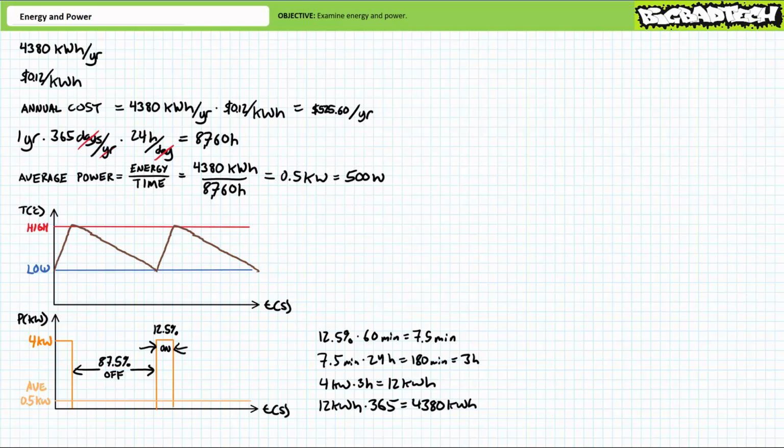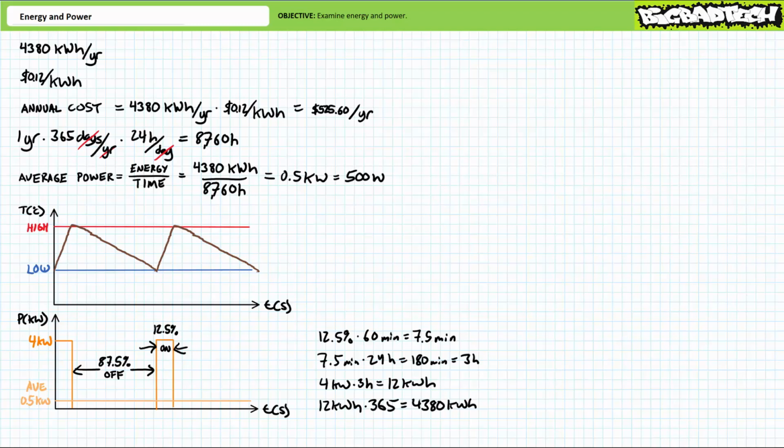If the water heater did this every day for 365 days, it would consume 365 times 12 kilowatt hours, or 4,380 kilowatt hours of energy annually. Additionally, you'd need at minimum a 4 kilowatt generator to power this water heater when it was on, that generator only working 12.5% of the time, and the other time it would sit idle.